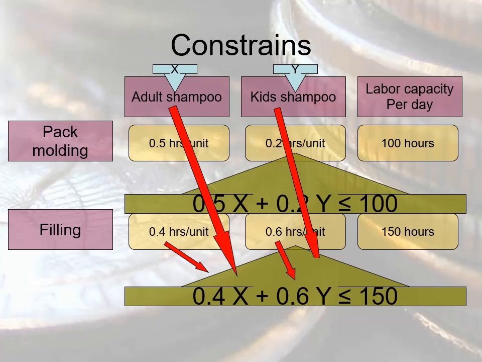And 150 is the number of labor capacity hours per day.